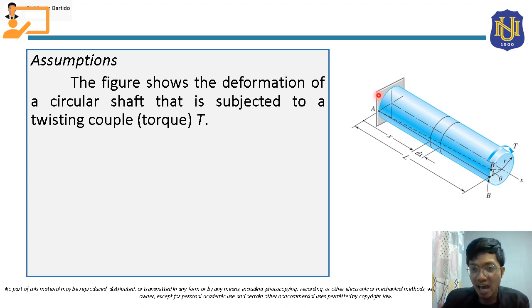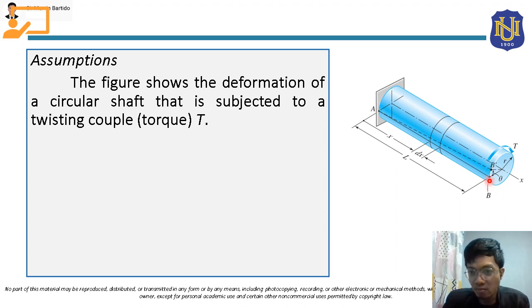Since the other end is restrained, it will not twist. So the original line AB before the application of torque T will, after the torque T was applied, be displaced this way.